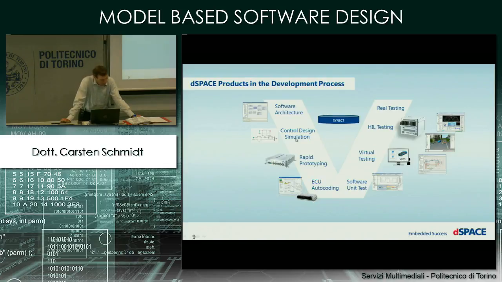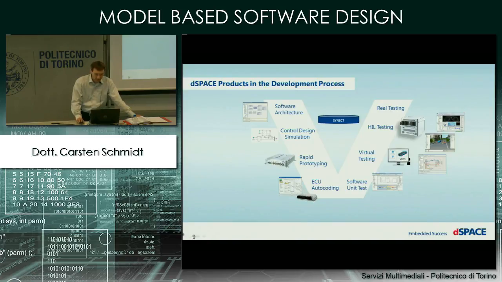So let's go through the most important products here. Of course, DSpace has a lot more products, but I will pick the products that are most important and that have something to do with this virtual validation.